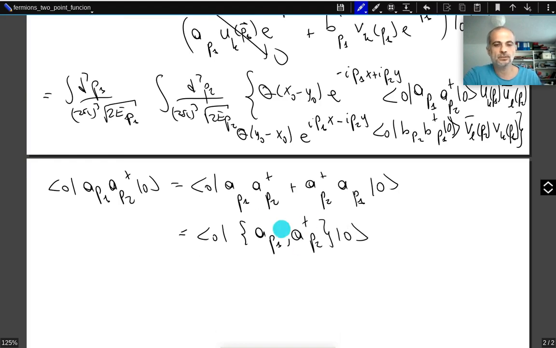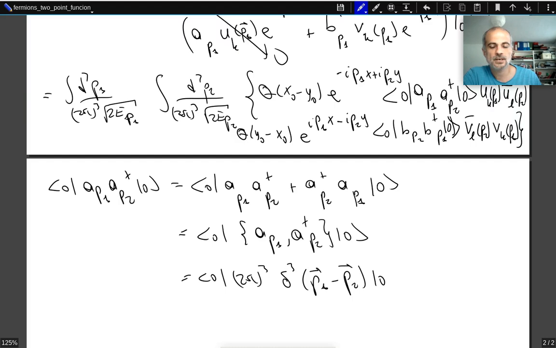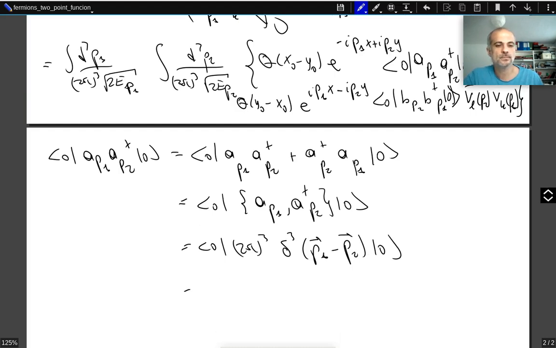That anti-commutator is just (2π)³ δ³(p1 − p2). And the vacuum is normalized to 1, so this is (2π)³ δ³(p1 − p2).